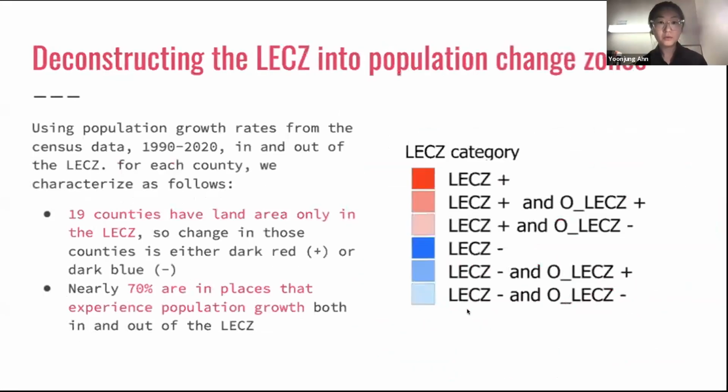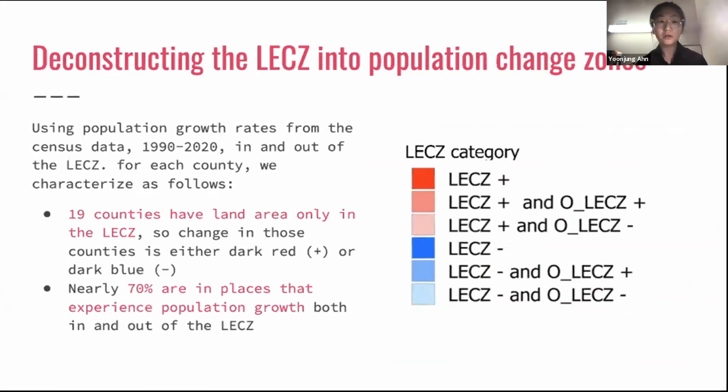And we wanted to go one step further to investigate what is really going on. So we divided LECZ inside and outside into 6 categories. As you can see from the figure, we divided with red colors and blue colors. The red color represents population growth inside of LECZ, while outside of LECZ the population either grows or declines.